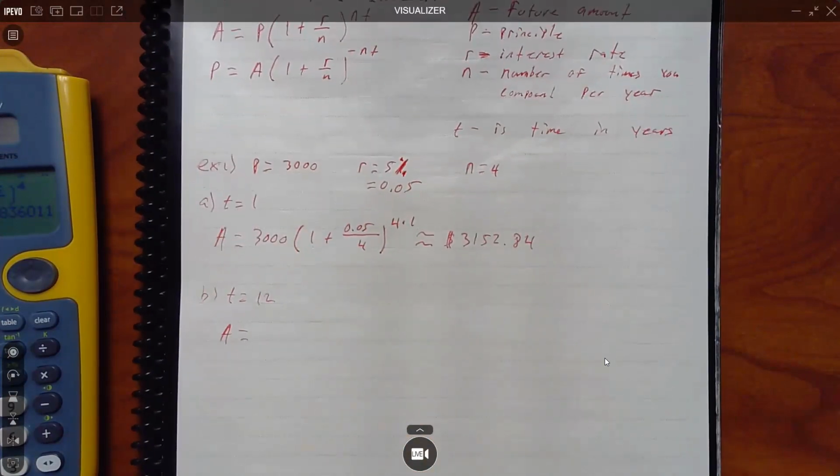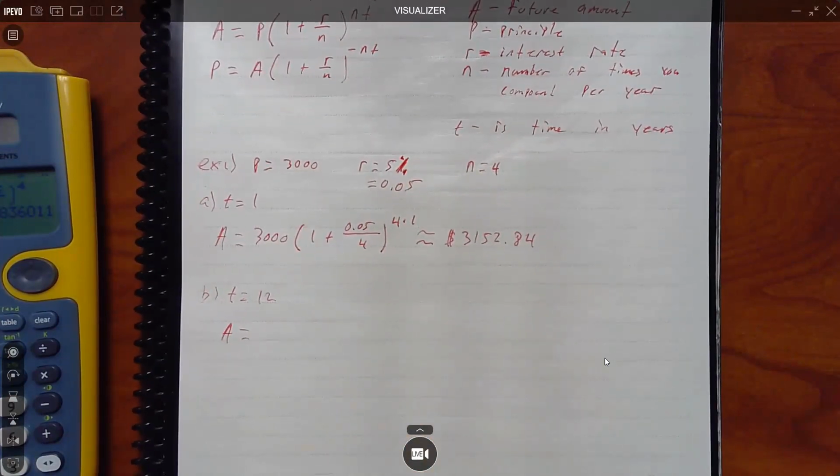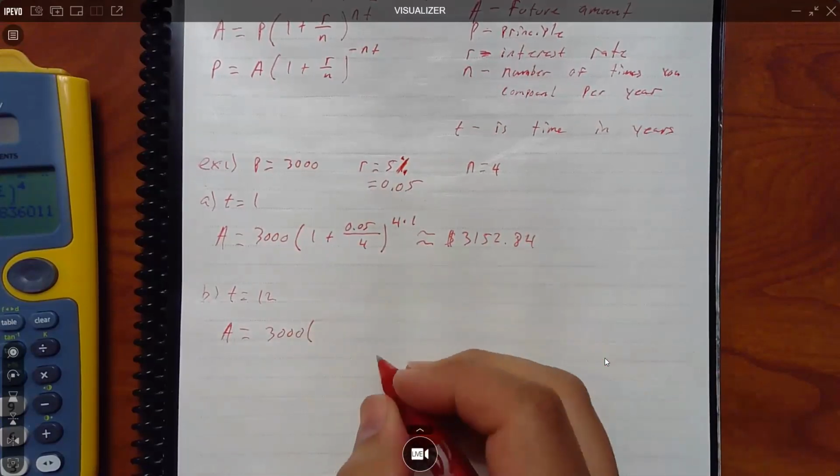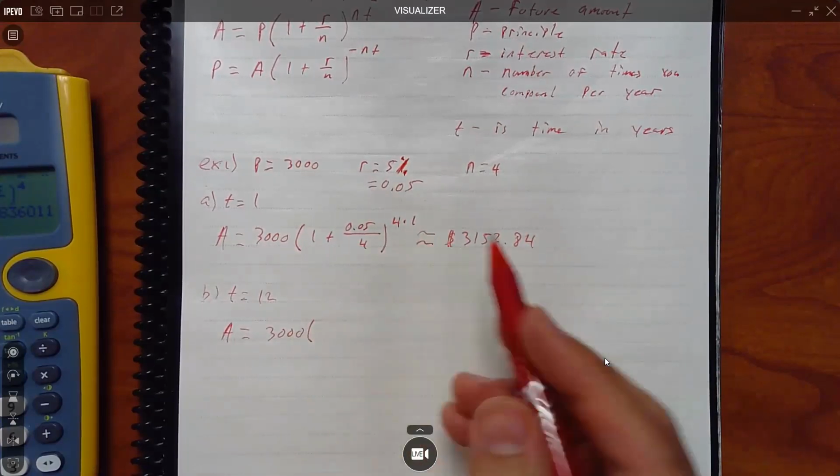So now let's see how much money she has in 12 years. So same formula, just change the 1 to a 12.